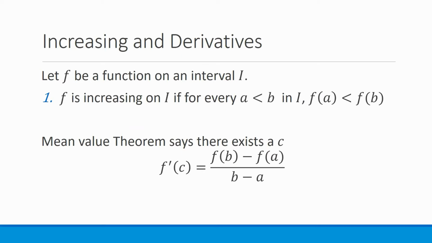If you let f be a function on an interval I, f is increasing means that for every b bigger than a, the output of b is bigger than the output of a.